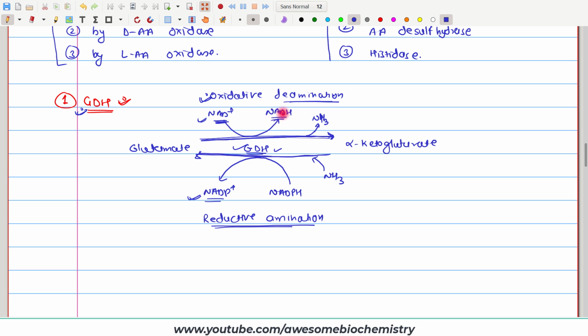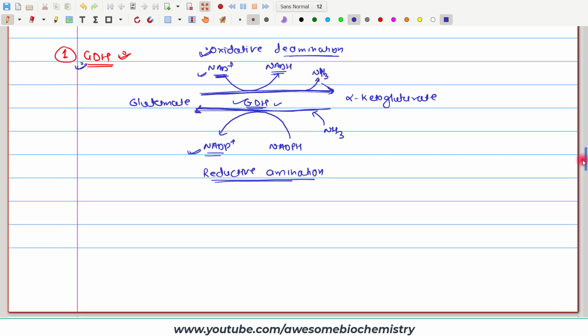Now, what will decide whether glutamate dehydrogenase works in one direction or the other? That is determined by the relative concentrations of glutamate, alpha ketoglutarate, and ammonia, or the ratio of NAD plus to NADH or NADP plus to NADPH. All these factors determine in which direction the reaction will go.